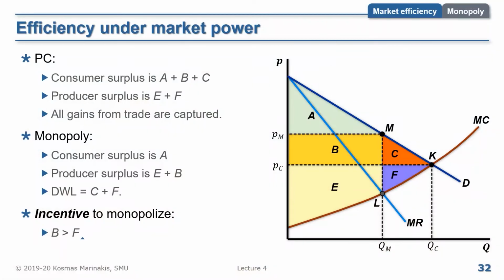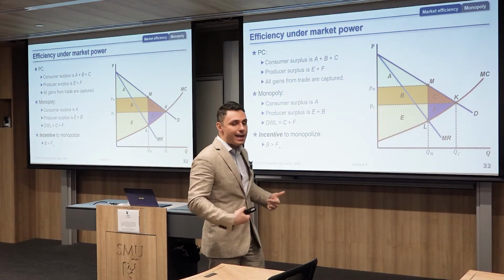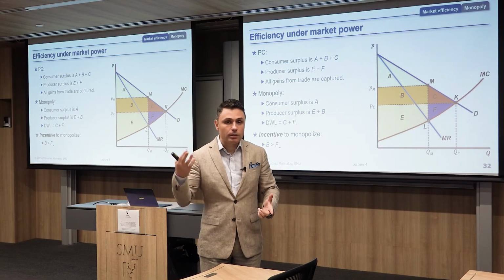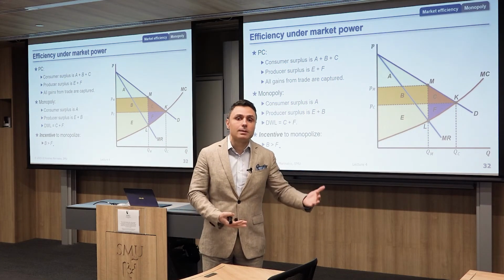And as you can see here, the answer is straightforward. The yellow area is much bigger than the purple area, so every monopolist that cares to maximize profit would always want to give up F in order to receive B. So this gives you an answer to why the monopolist wants to restrict the quantity in order to raise the price.